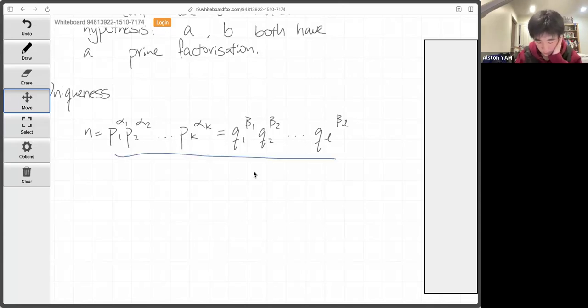And let's consider p1. We know that p1 must divide into the right-hand side, right? Because on the left we have p1 times something equal to the right-hand side. So p1 must divide into q1 to the beta 1, q2 to the beta 2, up to ql to the beta l.